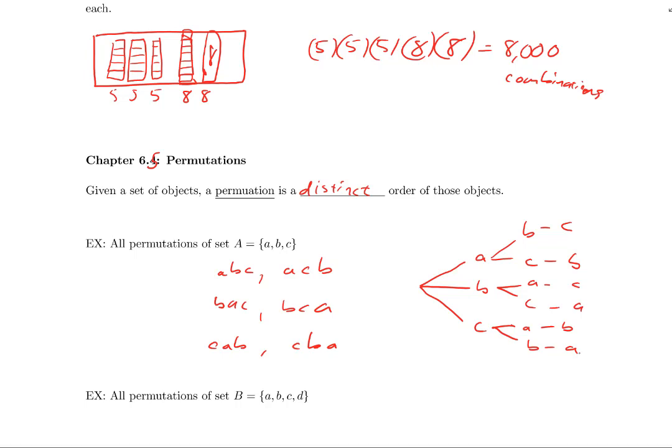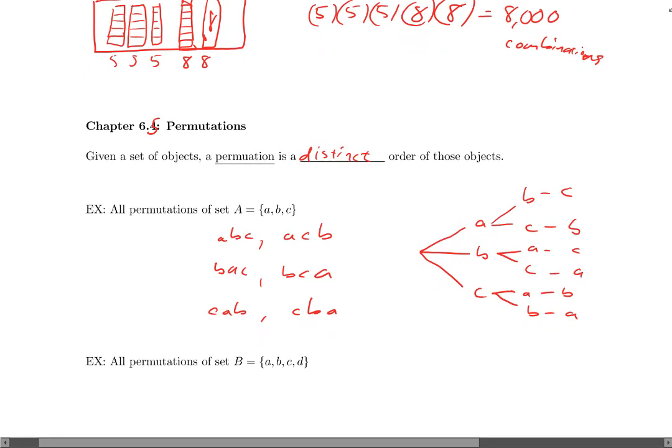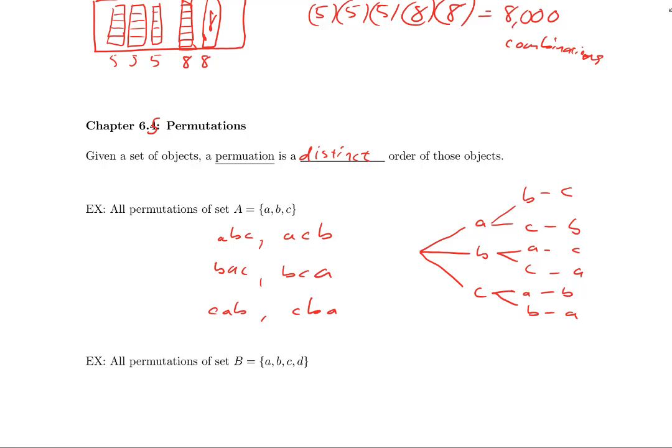So all the permutations possible are 6. We're using up all the letters.